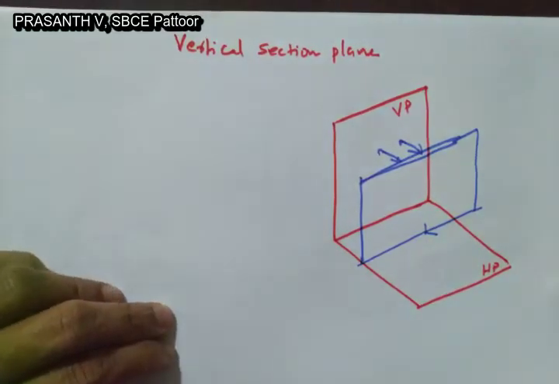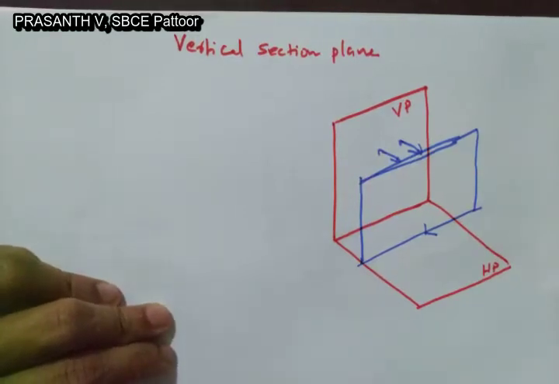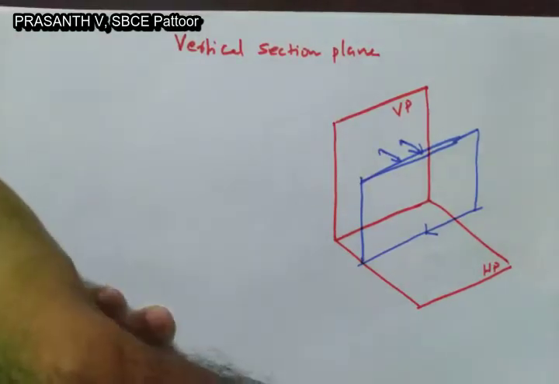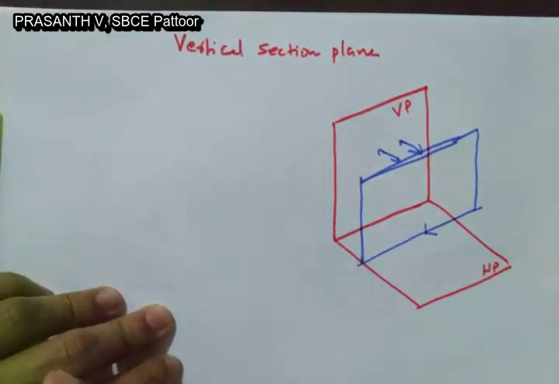As in the previous case, here also you just consider a square pyramid which is resting on HP.